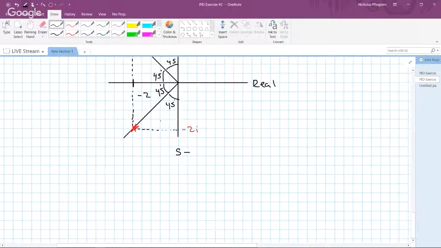S minus negative 2 plus 2i, S minus negative 2 minus 2i.